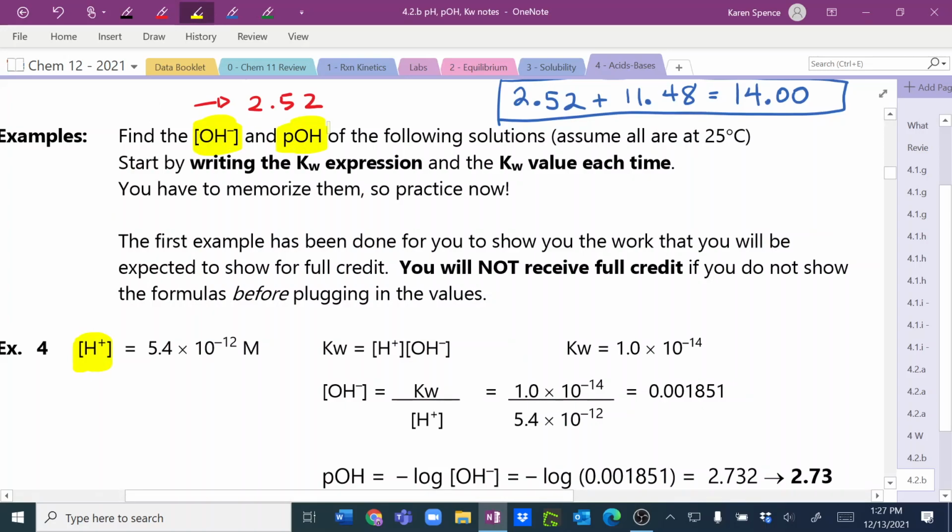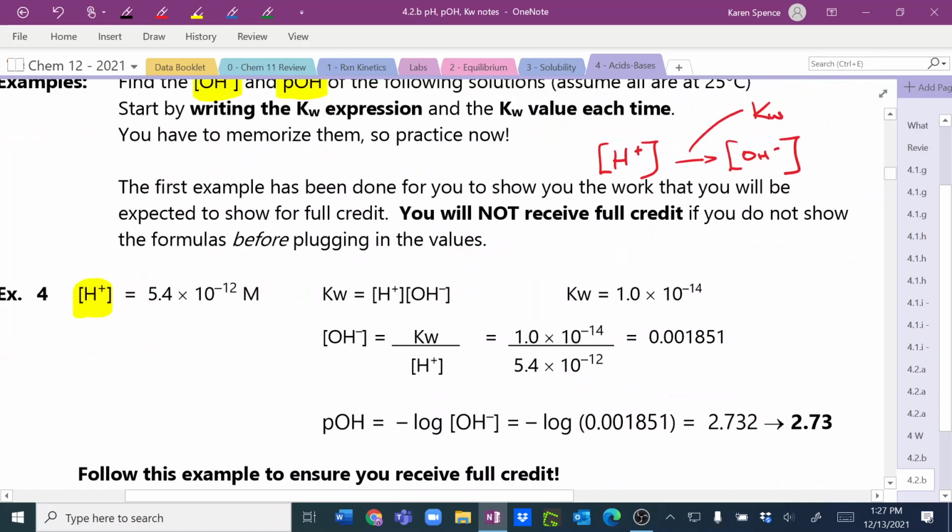What formula do you use to get from hydrogen to hydroxide? To get from hydrogen ion concentration to hydroxide, what do we use? Yes, we use the Kw, okay? So we're going to use our Kw, here it is.